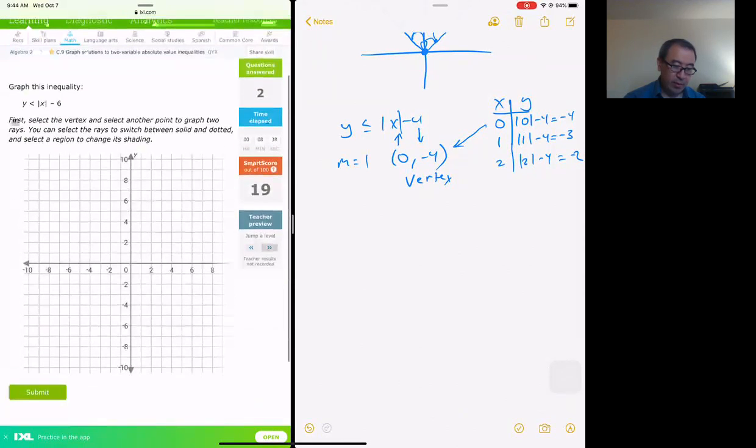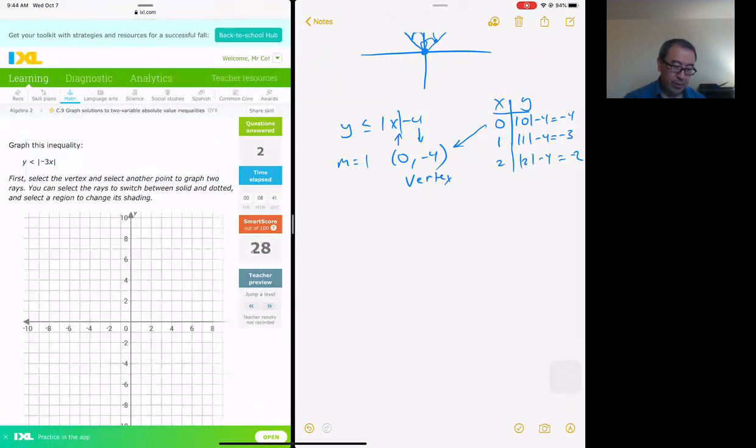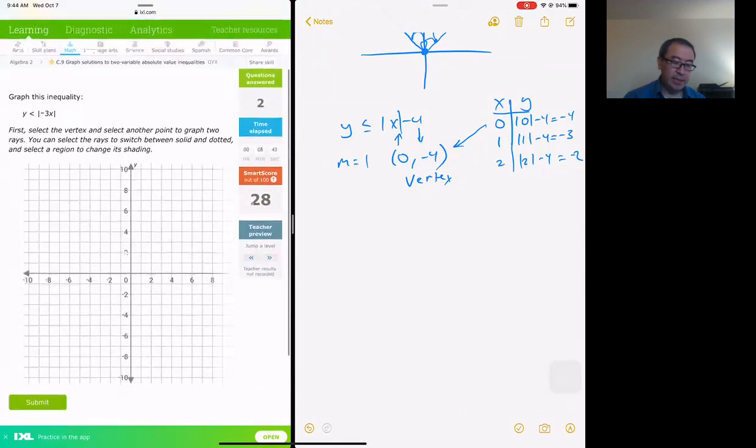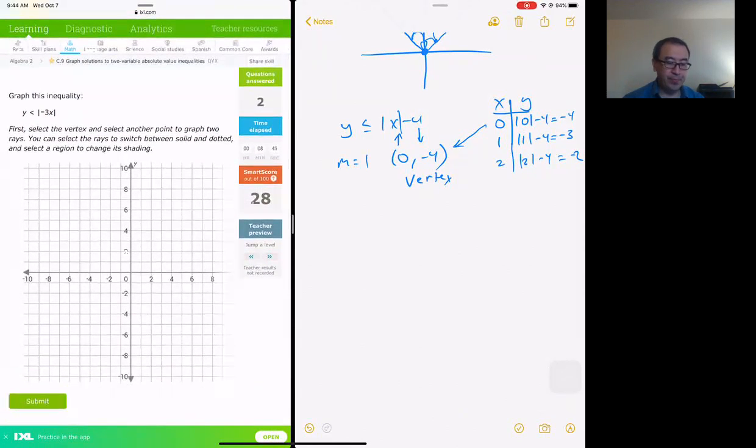So let's skip to a harder problem. This one is similar to our last graph. So our h and k are still going to be 0, 0, because if you look inside the absolute value, there's no plus or minus. So my h would be 0, my k would be 0. And that 3 there, that's going to become my positive 3 in the end, because all the absolute values become positive.